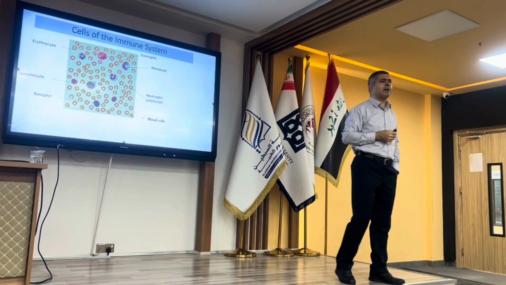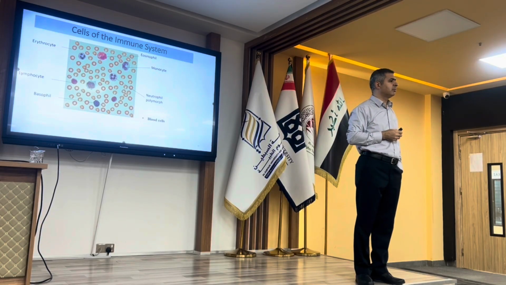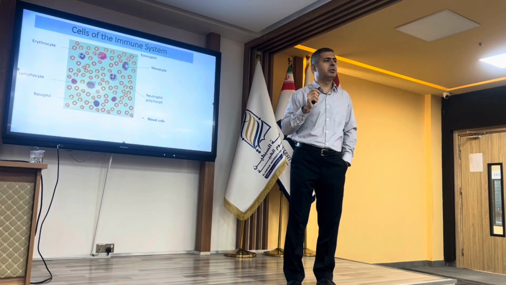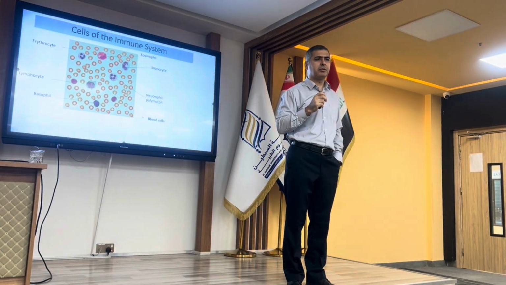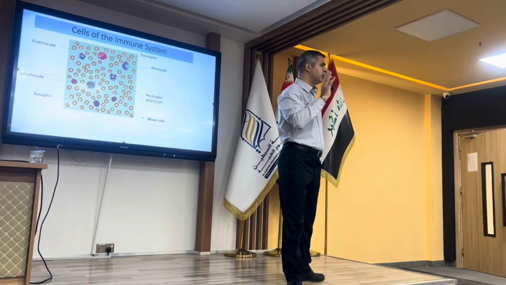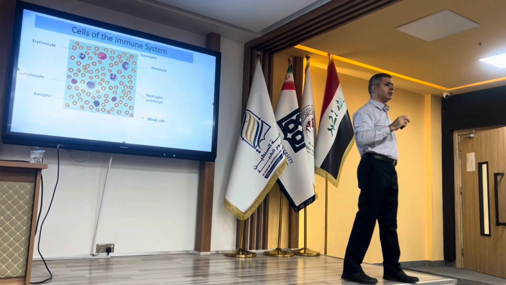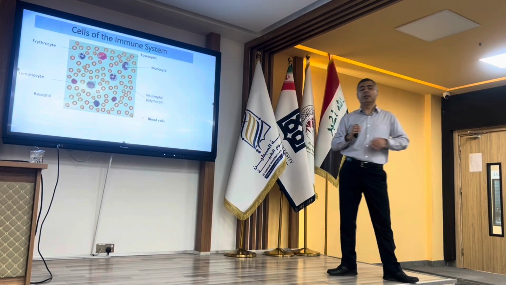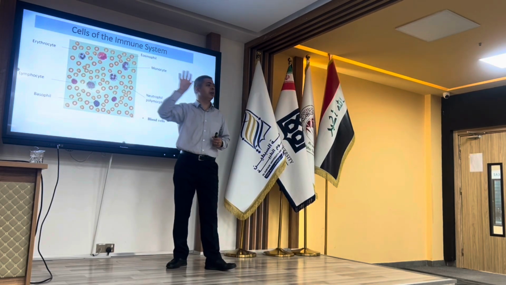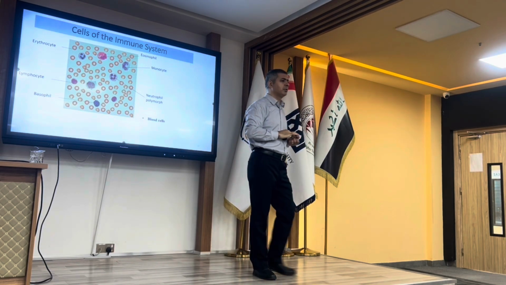Do RBCs have any role in the immune system or not? I'll talk about it. Yes, they have. They of course have a role. Erythrocytes or RBCs have one important role in the immune system.